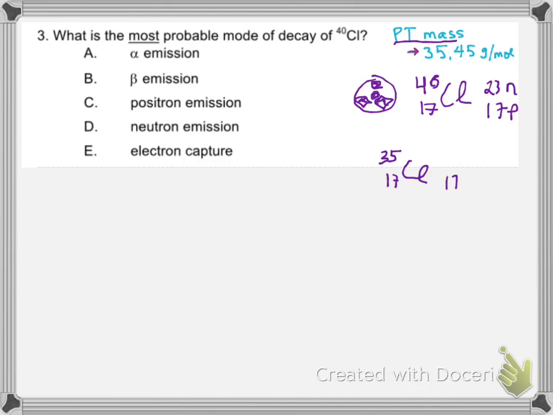Once again, 17 protons, and 35 minus 17 is 18 neutrons. So then we just have to ask ourselves, what is wrong with our isotope? And we can see here, our radioactive isotope has too many neutrons. So if there's too many neutrons, that means this is going to be a candidate for beta decay. So, beta emission for the win.